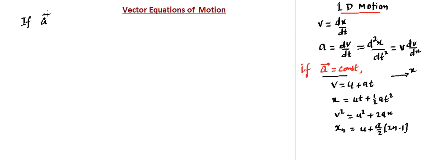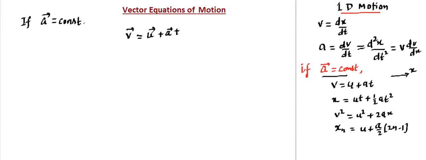So if the a vector is constant, no matter in how many directions that particle is moving, then we can write the following equations in terms of vectors. So the first equation, if we transform it in terms of vectors, appears like this: v vector is equal to u vector plus a vector into t.